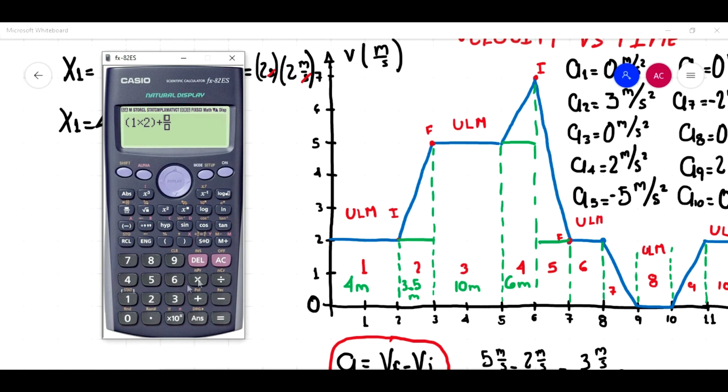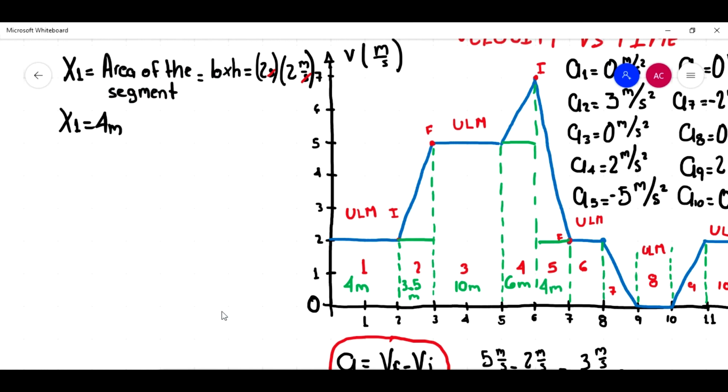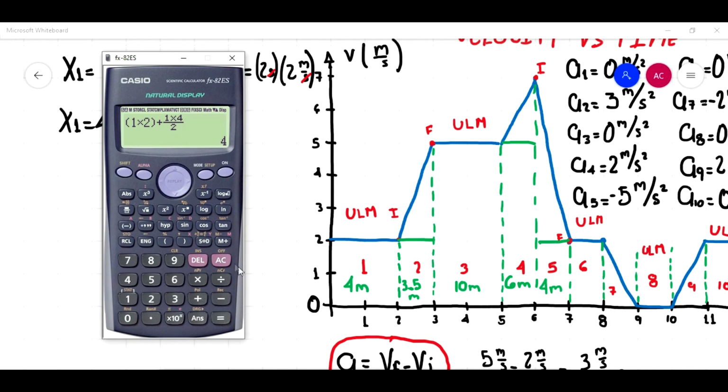The base is 1 times the height, 1, 2, 3, 4, 5, so 5 over 2. How much is that? That is 4 meters. Let's see, segment number 6 is base times the height, that is 2. 1 times 2 is 2 meters.